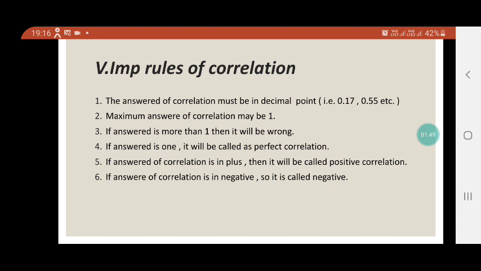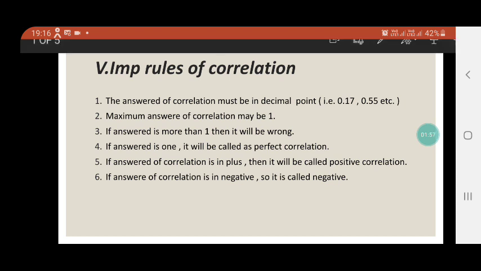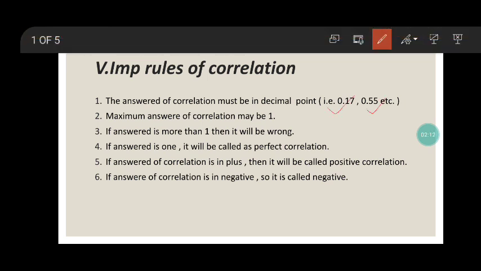So let's begin. Rule number 1 is that the answer of correlation must be in decimal point. Like it can be 0.17, it can be 0.55, or it can be anything, but it must be in decimal.